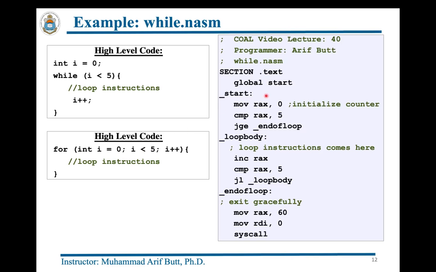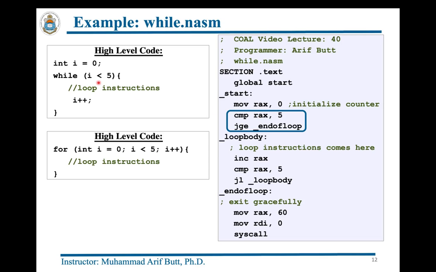And this is one possible way of implementing the while and the for loop construct in x86 assembly language. Note that first of all, we need to initialize the loop counter as we have done in the do while loop, that is initializing RAX with 0. You can use any other register in place of RAX. The difference comes over here when we evaluate the loop condition before the loop body.